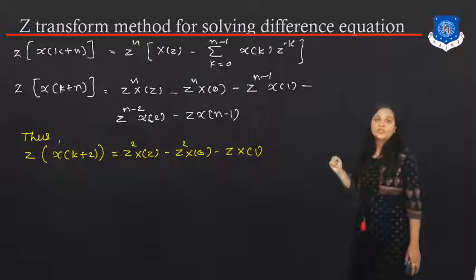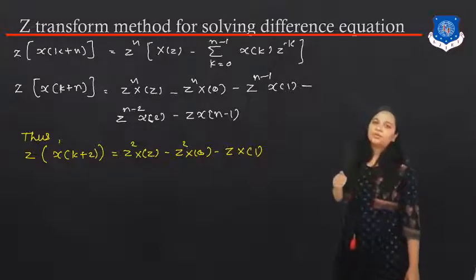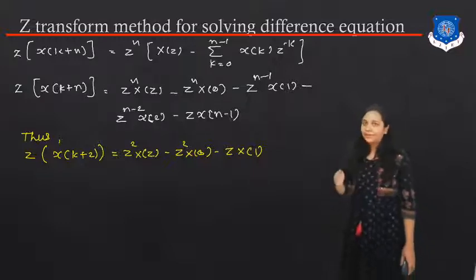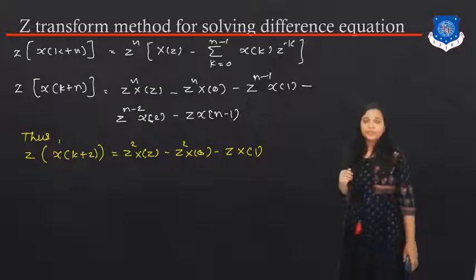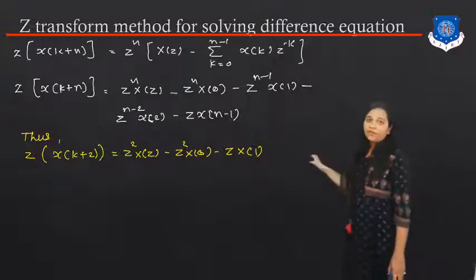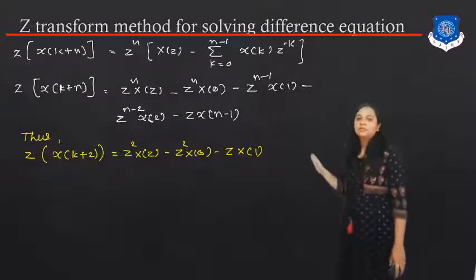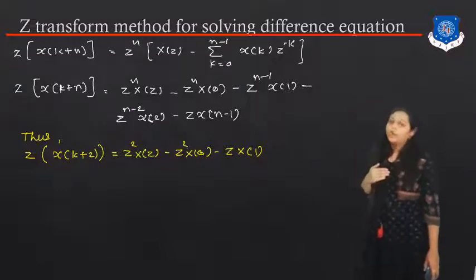So only z raised to 1 into x of 1 minus z raised to n minus 2, and n is equal to 2. So z raised to 2 minus 2 becomes z raised to 0. So it becomes 1. So after the term z x of 1, we can get all these 0.